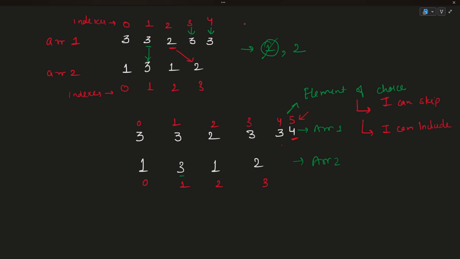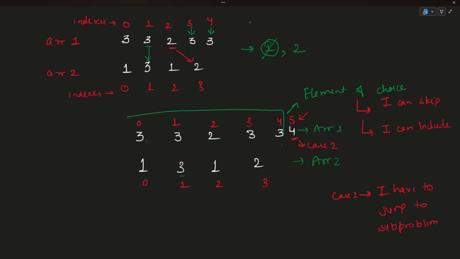For this particular case, let's say this is case 2. For case 2, I do not have any other choice. I have to jump to my sub problem. I hope you are getting the intuition of what the sub problem will be.